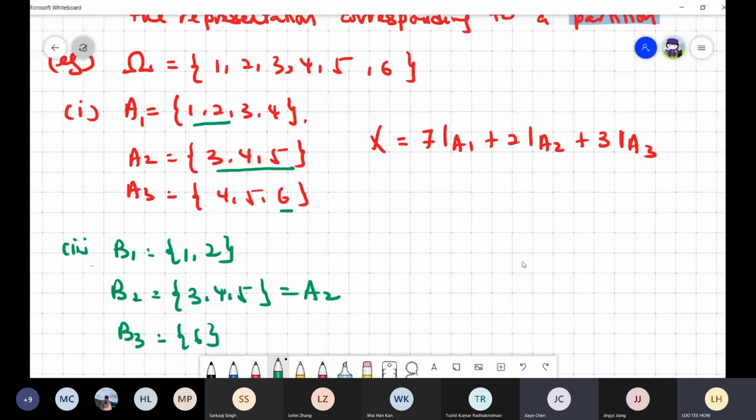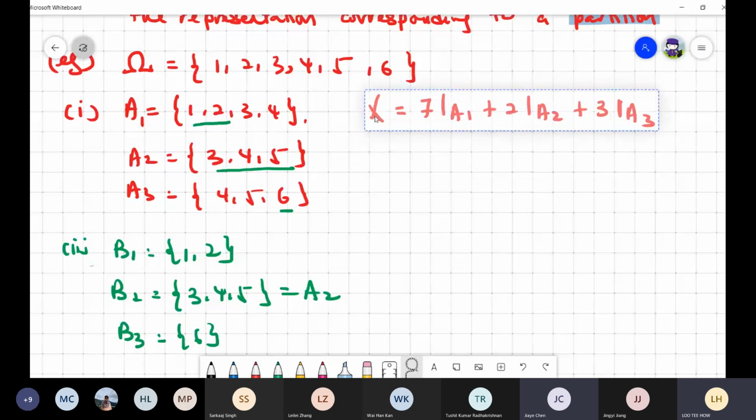So from here we see the difference. To make things easy, we just need to identify the value of x, and then you can see a better picture. Let's say omega and x, so I have 6.